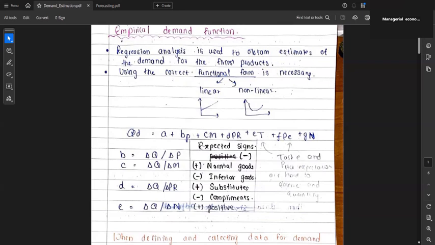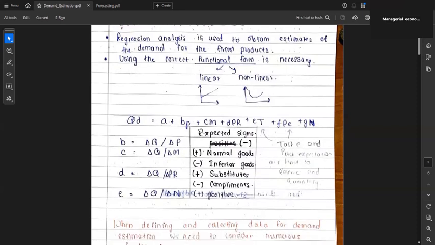So if you assume a different functional form, then the error term you're going to be left with will be higher. And if you know about econometrics, then the R squared, or the goodness of fit of the line, will be less. That means the data will not actually fit the regression line we have obtained.